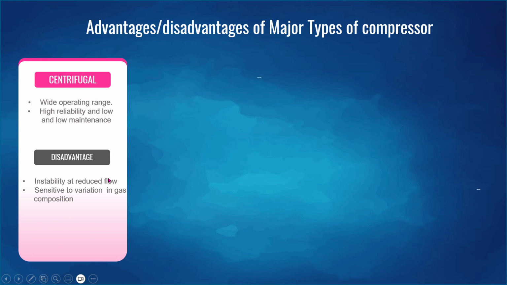It is also sensitive to gas composition. If the gas is denser or lighter, then accordingly the compressor will go to surge or stonewall. So you have to run the compressor out of such areas. But otherwise, a wide range of operation is possible, with very low maintenance and very high capacity.